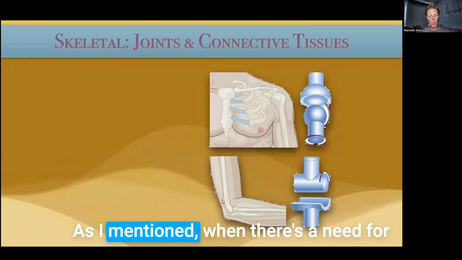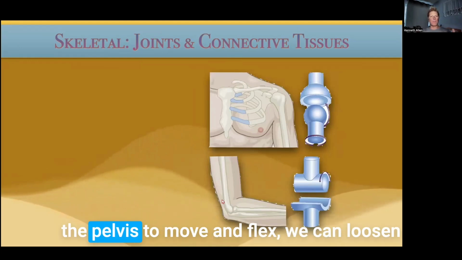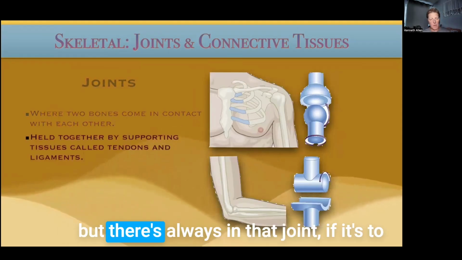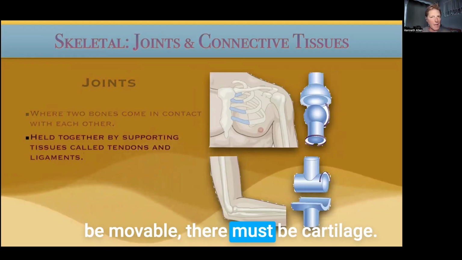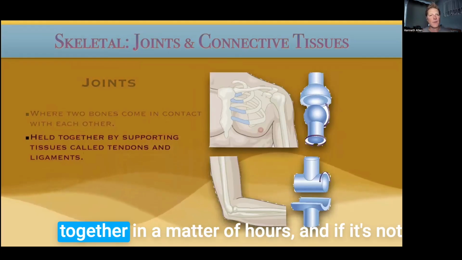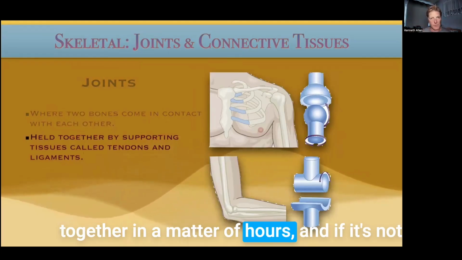As I mentioned, when there's a need for the pelvis to move and flex, we can loosen that up with certain hormone releases. But there's always in that joint, if it's to be movable, there must be cartilage. If bone touches bone, it will fuse together in a matter of hours.